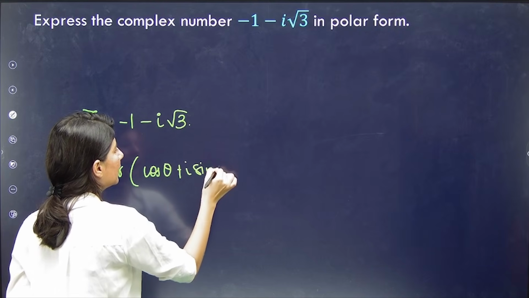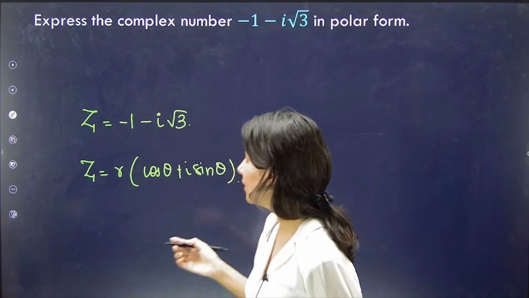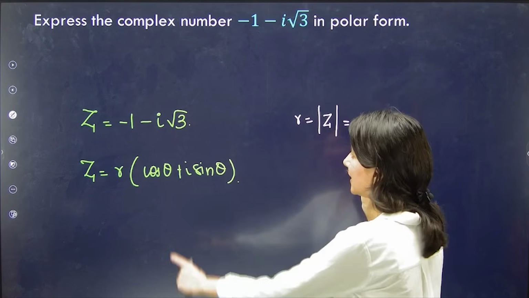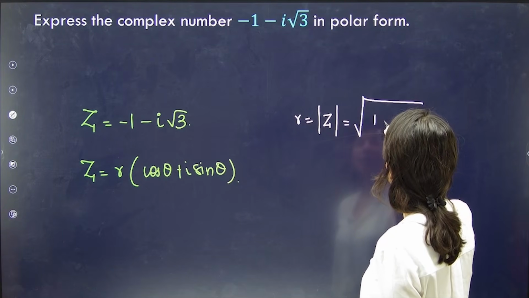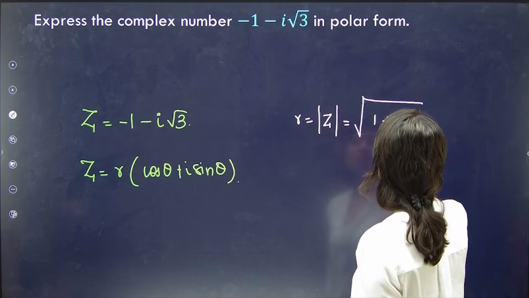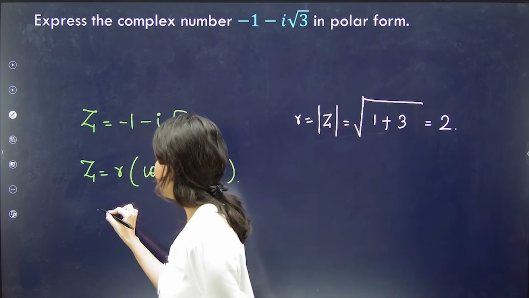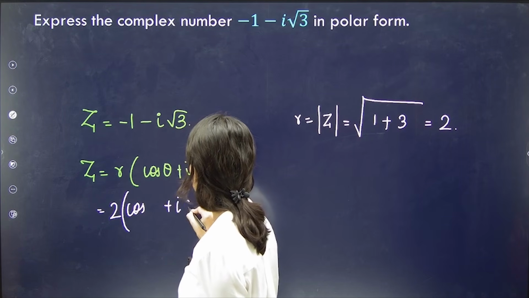Just these two things and you are done. How to calculate r? So r is nothing but mod z. Square root of minus 1 whole square is 1, minus root 3 whole square is 3. So this is coming out as 2. So clearly 2 cos theta plus iota sin theta.